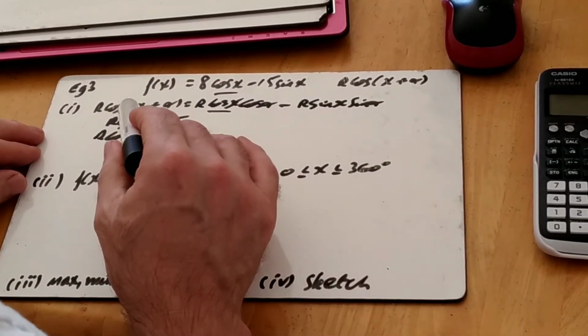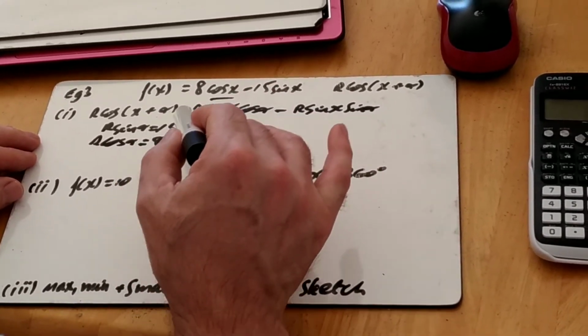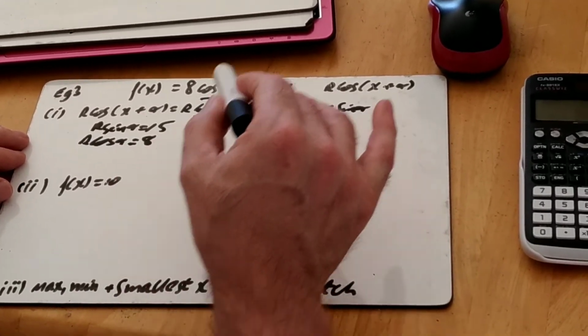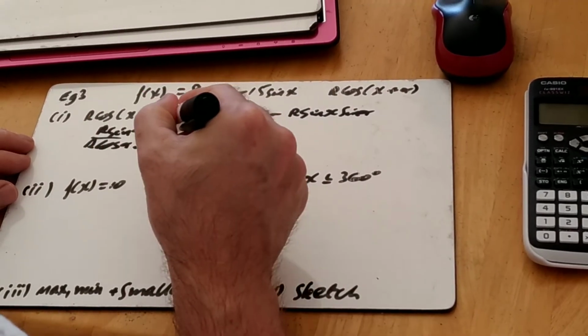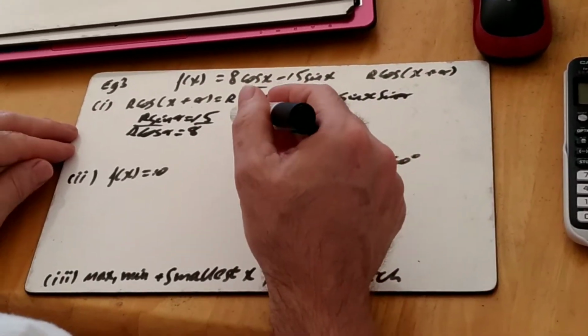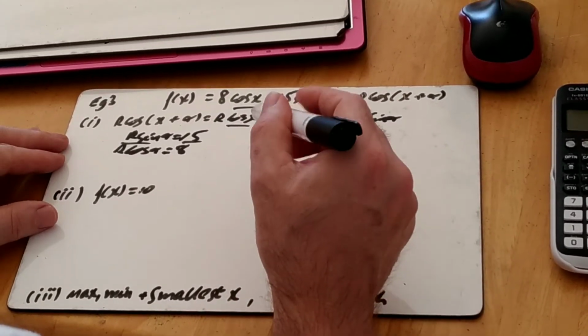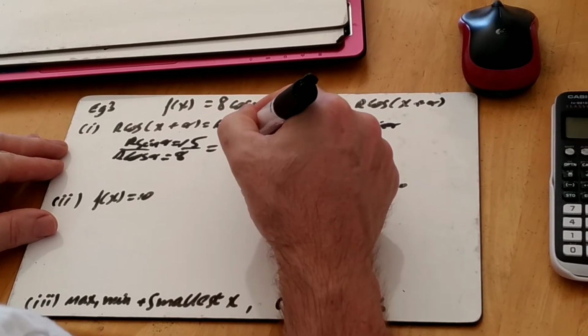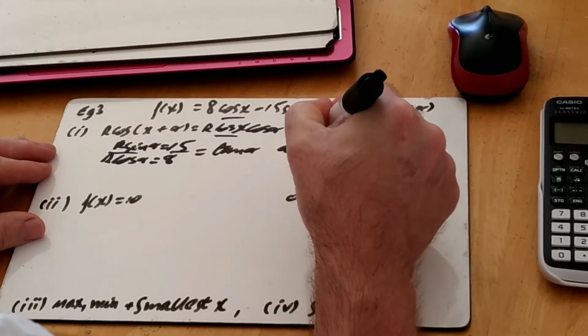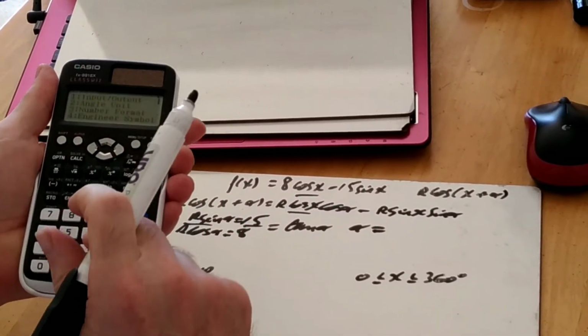Notice, because you choose the correct version with the correct plus or minus sign, these values here should always be positive. And then when you're doing your tan alpha, you should always be getting an acute value. So that's why they ask for alpha between 0 and 90 degrees in this case, or alpha between 0 and pi over 2. So that's my tan alpha then. So alpha is the inverse tan of 15 over 8, not a standard one. Yet again, change back to degrees.